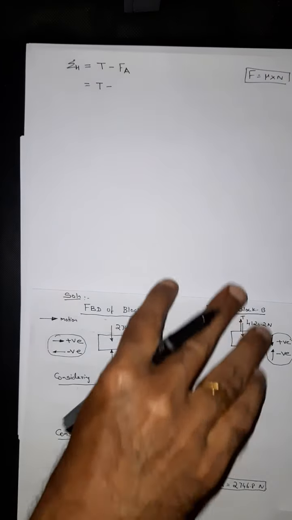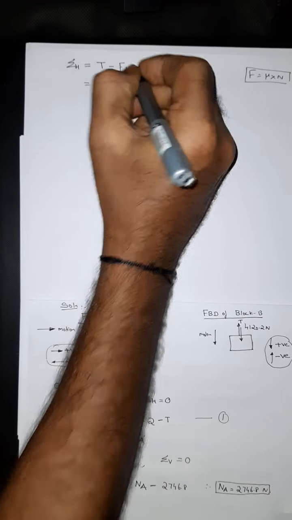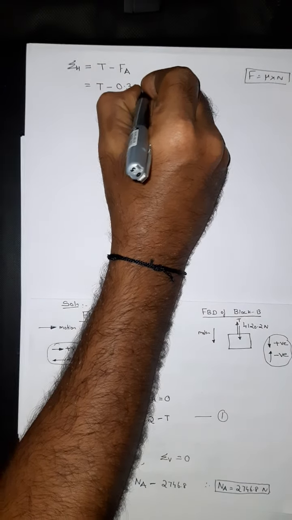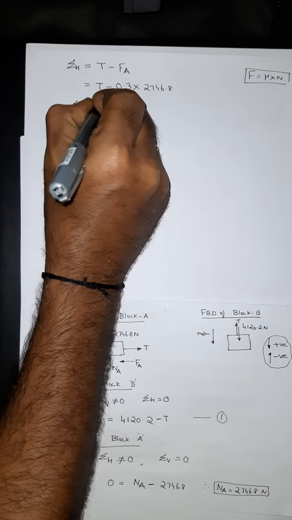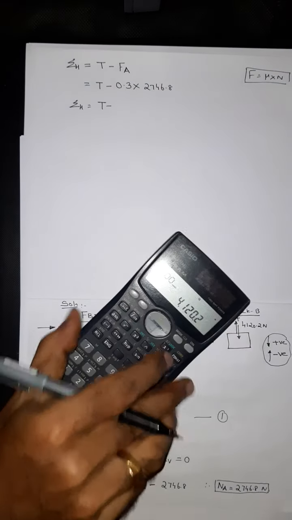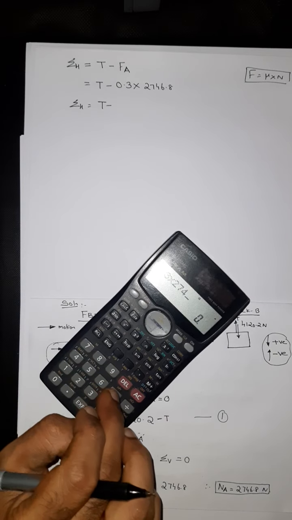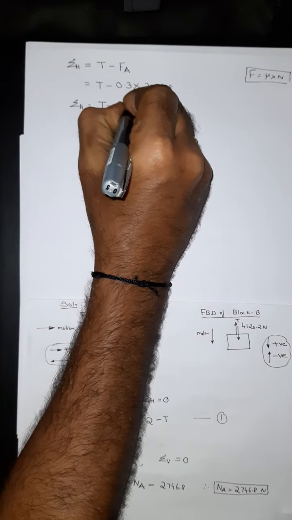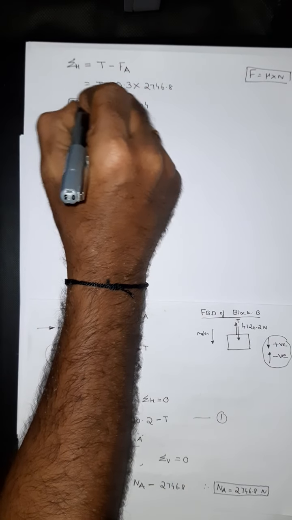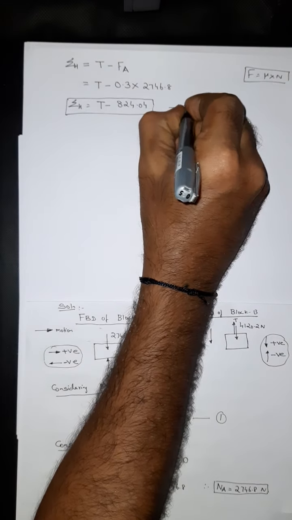So mu A is 0.3. So 0.3 into NA is 2746.8. So summation H equal to T minus 0.3 into 2746.8, which is 824.04. Equation number 2.